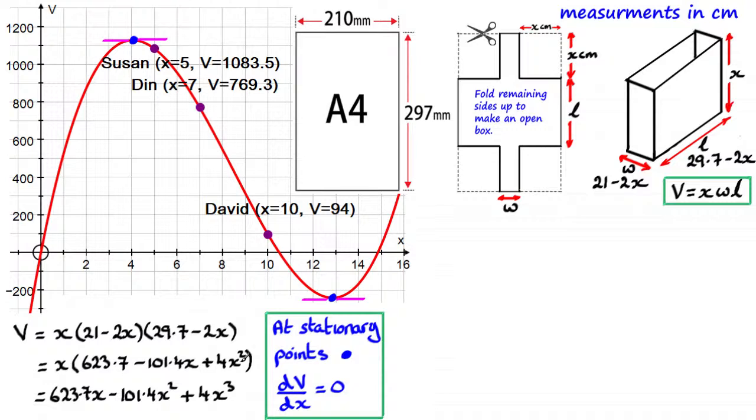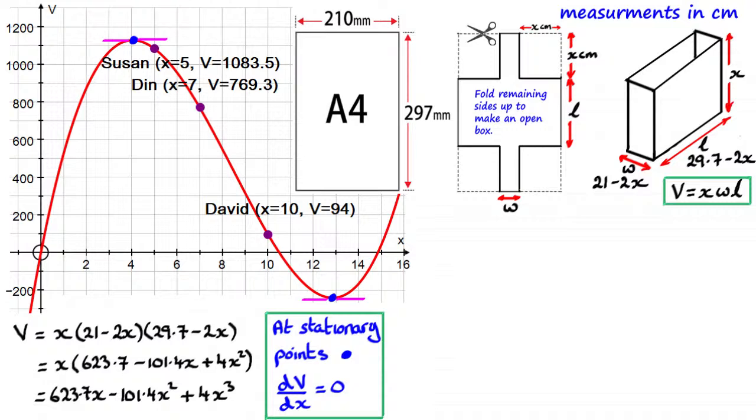So what I'm going to ask you to do is, could you differentiate this equation for me? Could you differentiate that and just give me your answer? Just type that answer in if you can. Let's see who can differentiate that first.